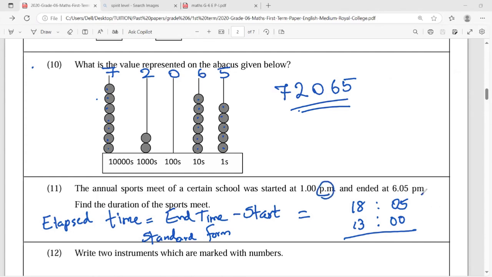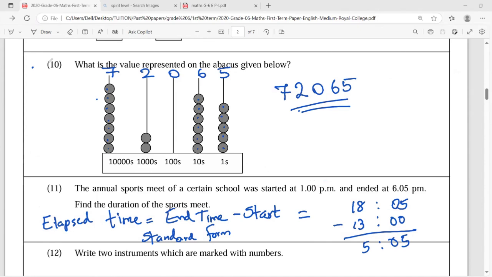But if you get a mixed one with AM and PM, you will be in trouble if you do it in the 12-hour clock. So that's why I have told you always take the time in the standard form. So this is going to be 5, and this is 5 if you subtract like this.